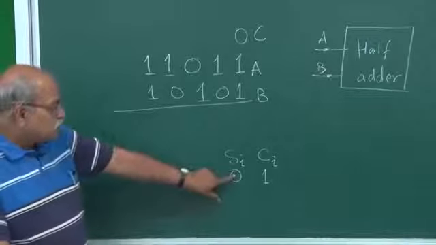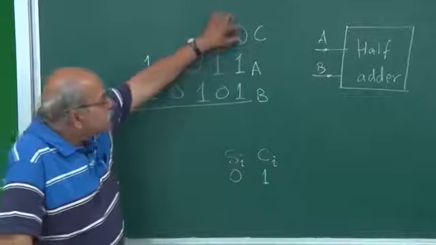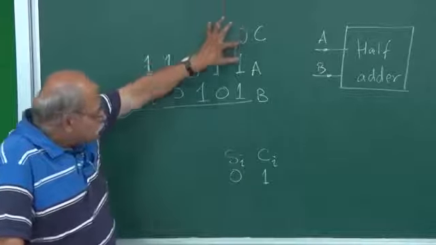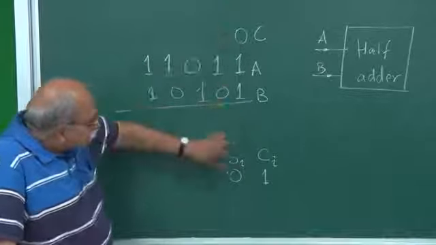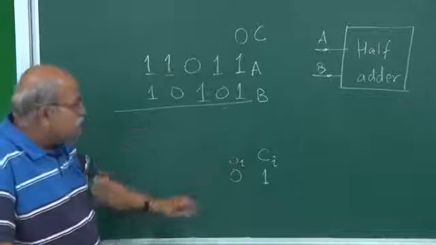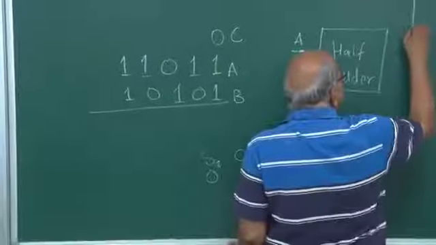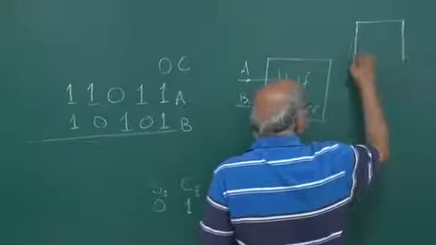Now this intermediate sum and this carry here, they should go through another half adder, and then you will get the final sum. Right? So let me put another half adder here.